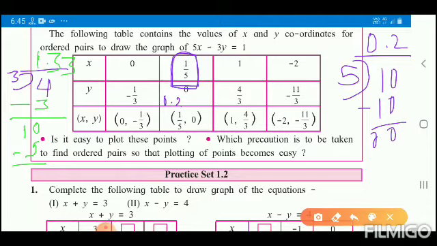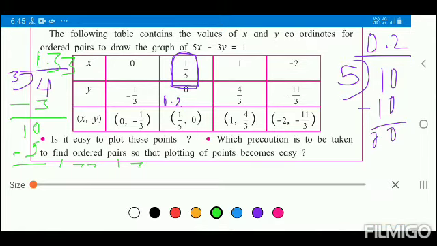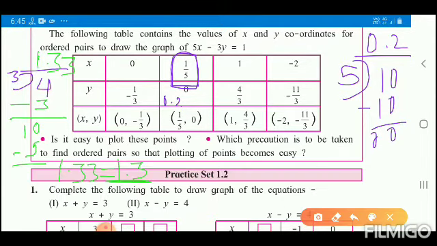So approximately we will take the value of 1.33 is equal to 1.3. Okay. Same way you will get the values for negative 1 upon 3 as well as negative 11 upon 3. So here we have to take approximate values.